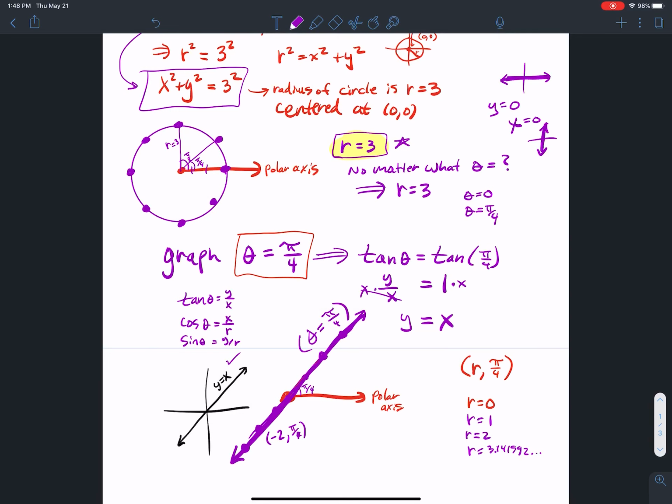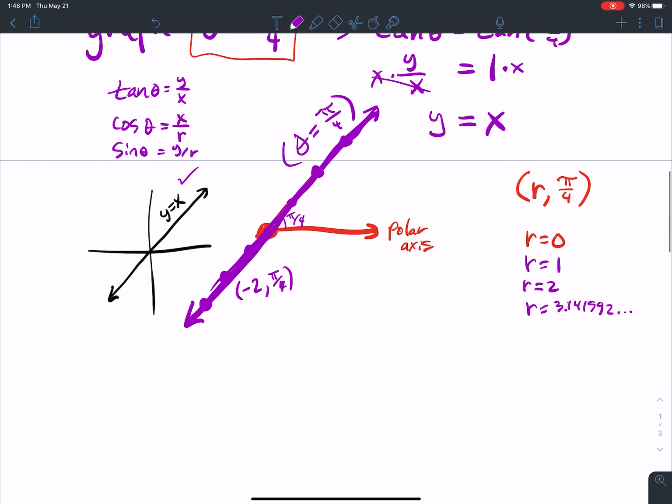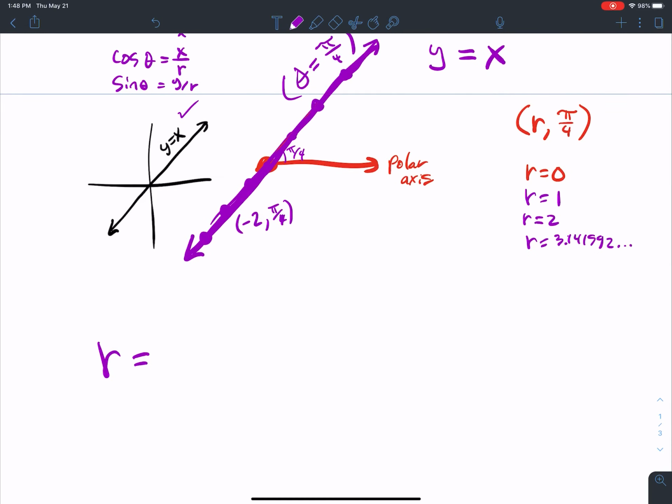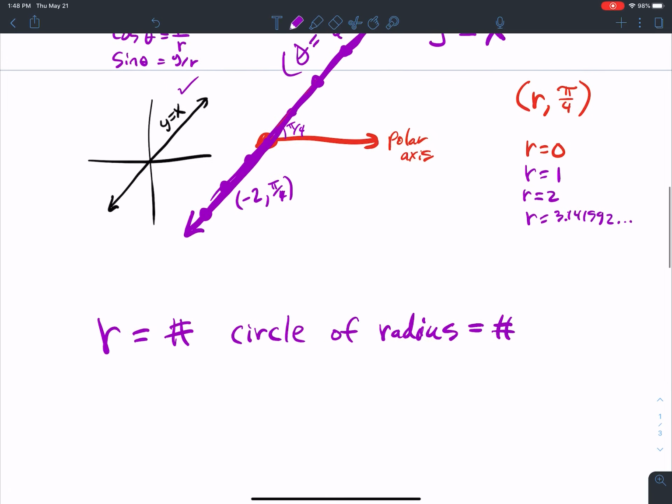So let me summarize that. r equal to some number is a circle of radius equal to that number.